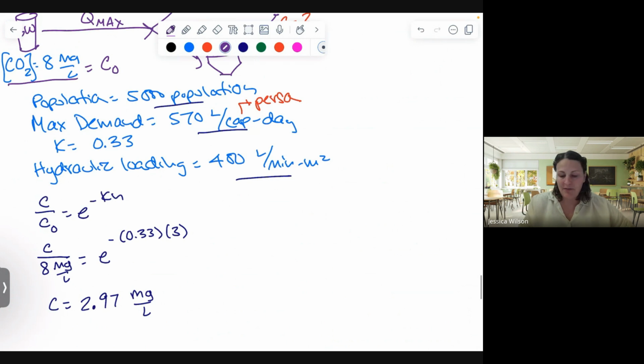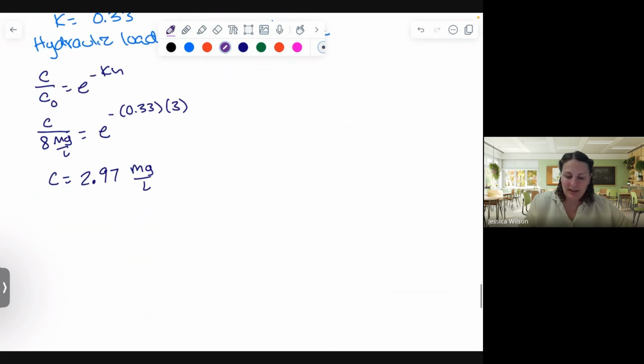We've got 570 liters per person per day, and we have the population. So we can easily get to that Q max just by taking that maximum demand and multiplying it by that population.